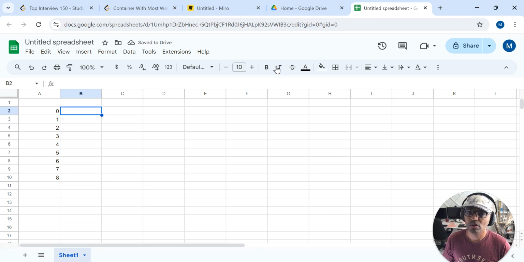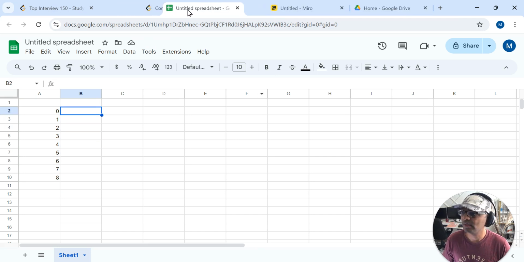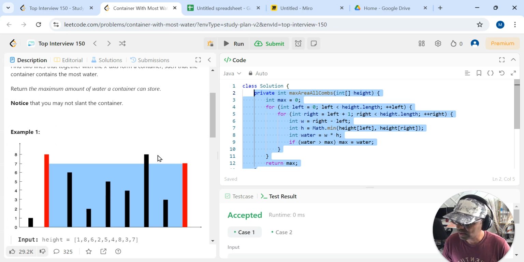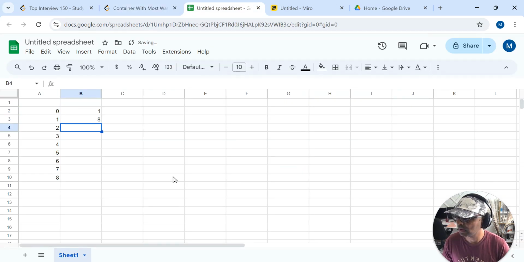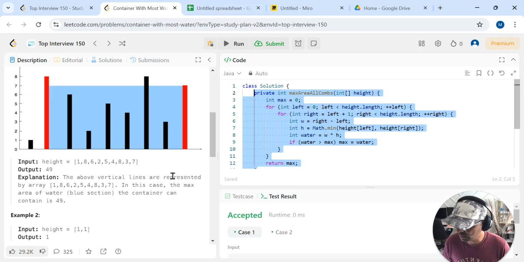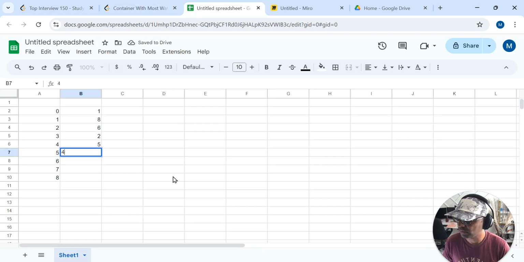Okay. So let me drag this here. Let's see what are the values in this example at least. 1, 8, 6, 2, 5, 4, 8, 3, 7.